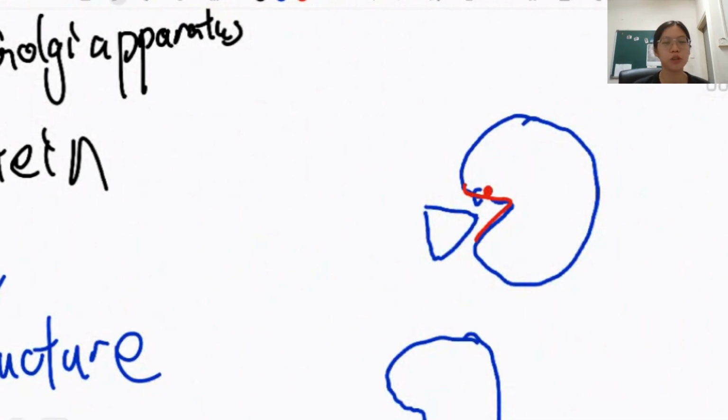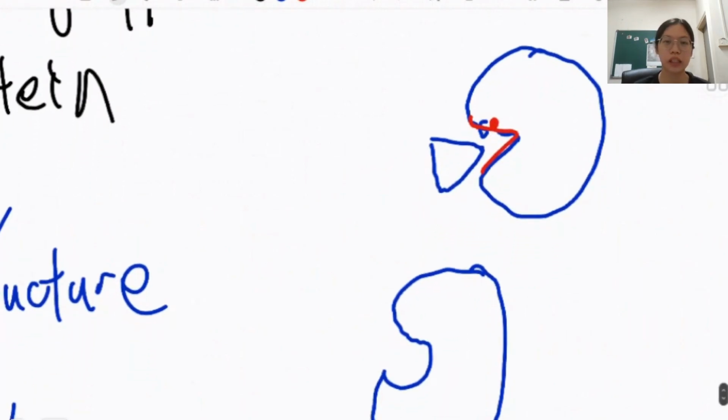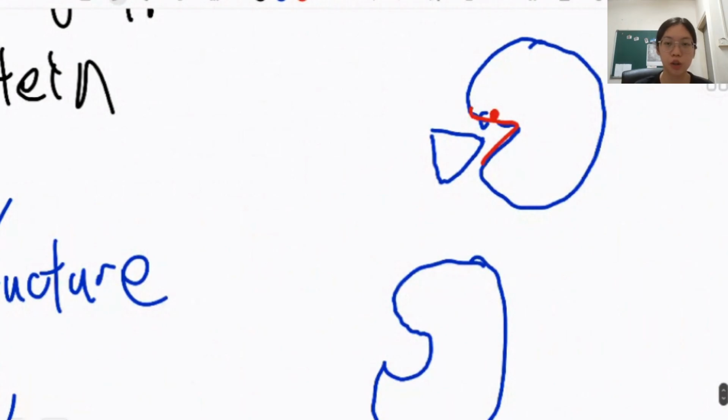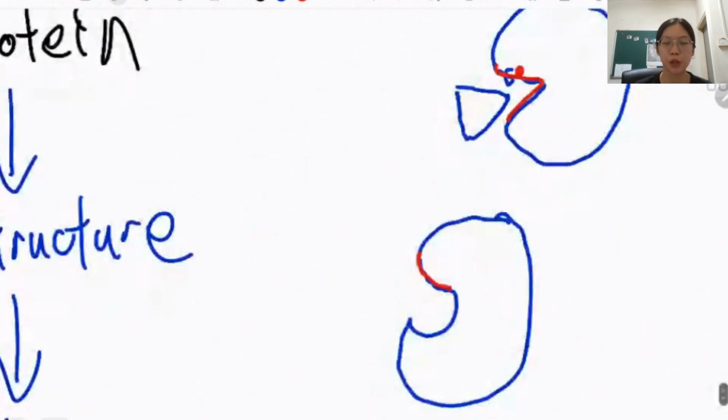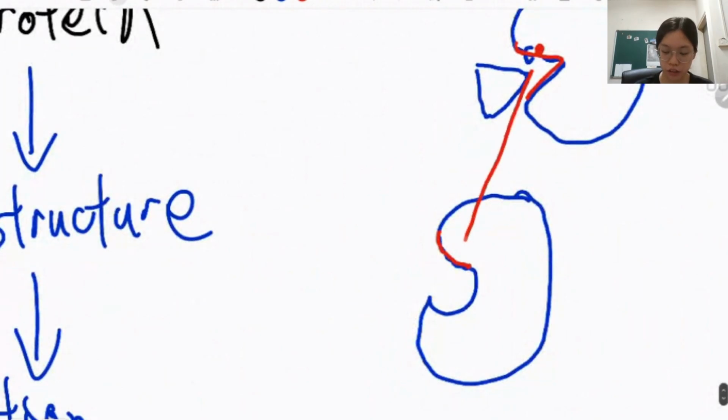To be more precise, because of the chemical interaction, the R group interaction, but you don't actually learn this. So it will form a different folding pattern. When there is a different folding, different interaction between the amino acids, it will end up changing the structure of it.